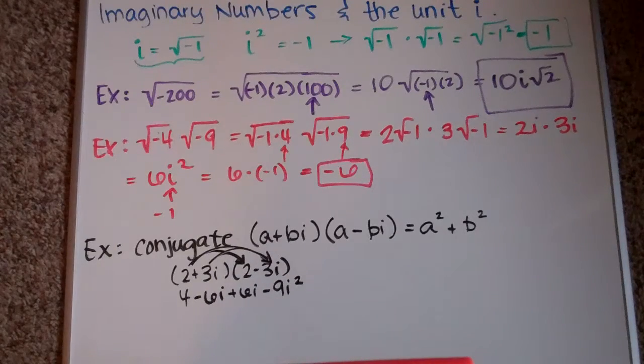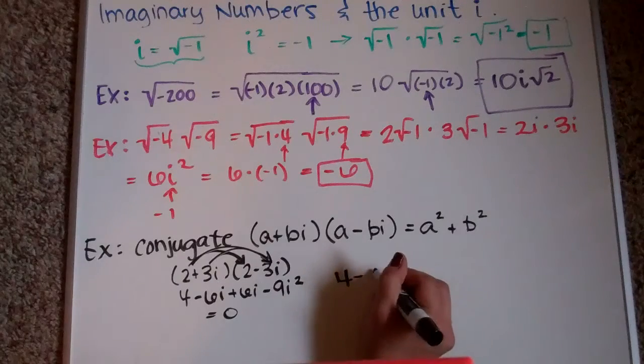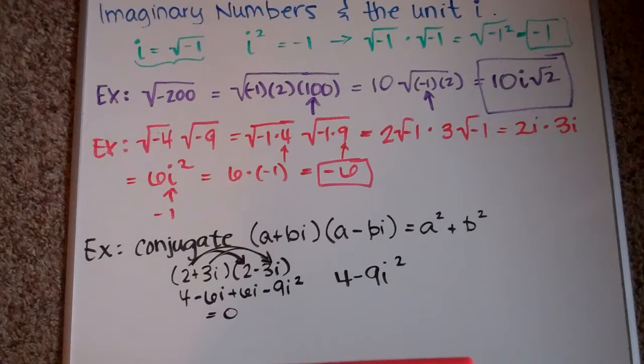Okay? I think sometimes people might get a little bit confused with just assuming that those middle terms disappear, but here's why. It's because we have a negative 6i and a positive 6i, so that just equals 0 in the middle. So this is going to leave us with 4 minus 9i squared. So step 1, I think, from here is going to be to simplify that 9i squared.